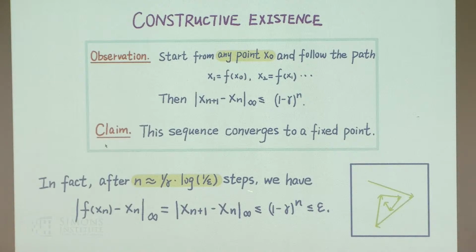But this is not a polynomial algorithm, because the polynomial should have dependence on log 1 over gamma. So this naive path following algorithm is not sufficient to give any better algorithm claim for games.